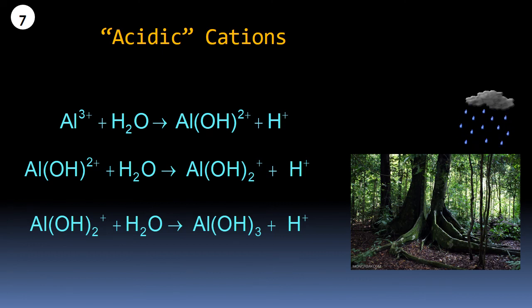So since you have a lot of aluminum and iron, and if we take the example of aluminum as one of the acidic cations, when aluminum reacts with water, it ends up forming aluminum hydroxide and releasing hydrogen in the soil. And as the process goes on, you still release more and more hydrogen. So if the hydrogen is higher in the soil solution, it means that the pH will be very low, and that's why these cations end up decreasing the soil pH.